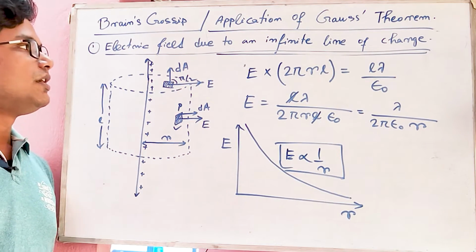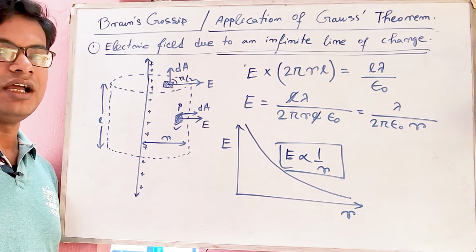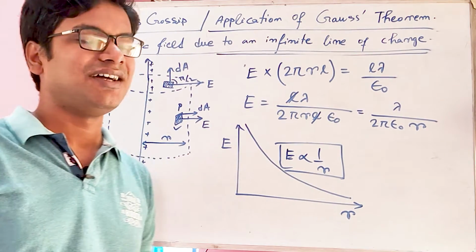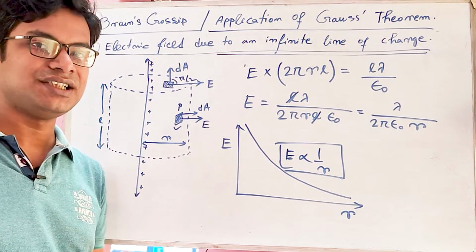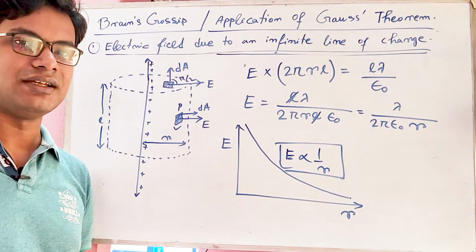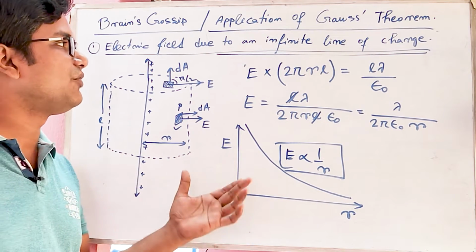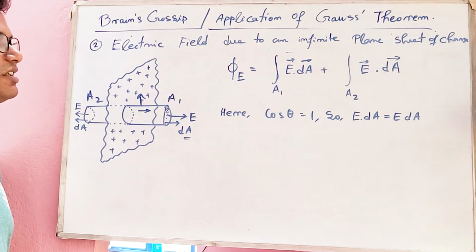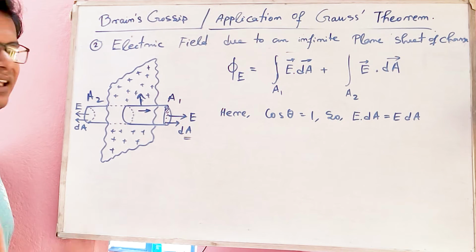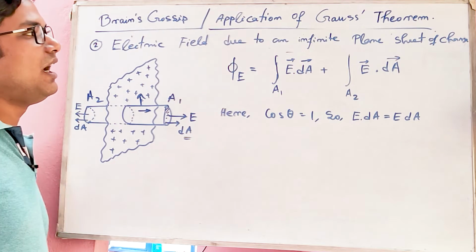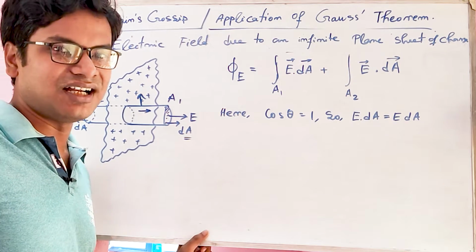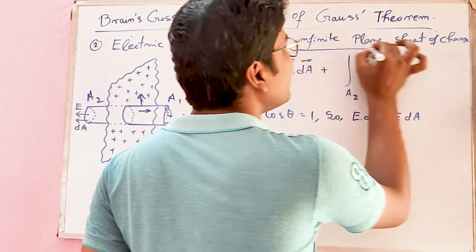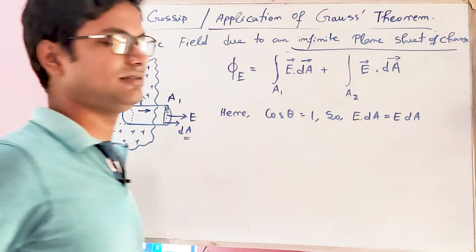Now we will quickly move on and try to find out the electric field for an infinite sheet or infinite plane. So let us try to find out the second part. In order to understand the electric field due to an infinite plane sheet of charge, first we have to understand the meaning of an infinite plane sheet of charge.